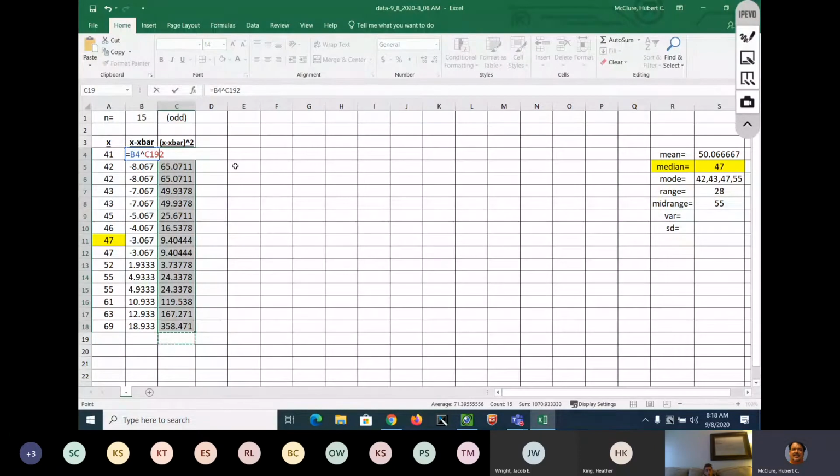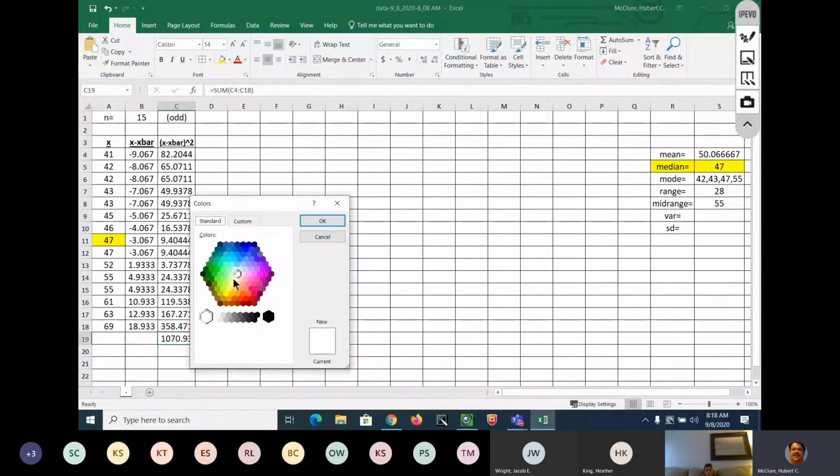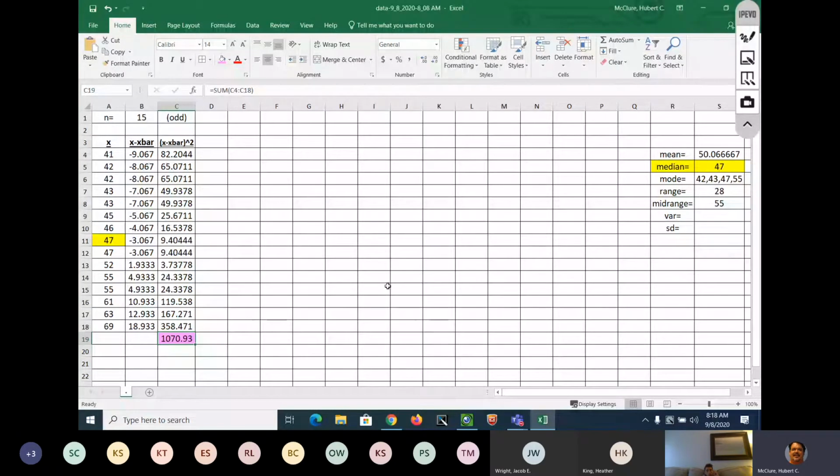There we go. And summation and enter. And that right there is your numerator for your variance. I usually color it some kind of purple, lavender. No, it's not really lavender. It's more like a mauve. There we go. So that is the numerator.